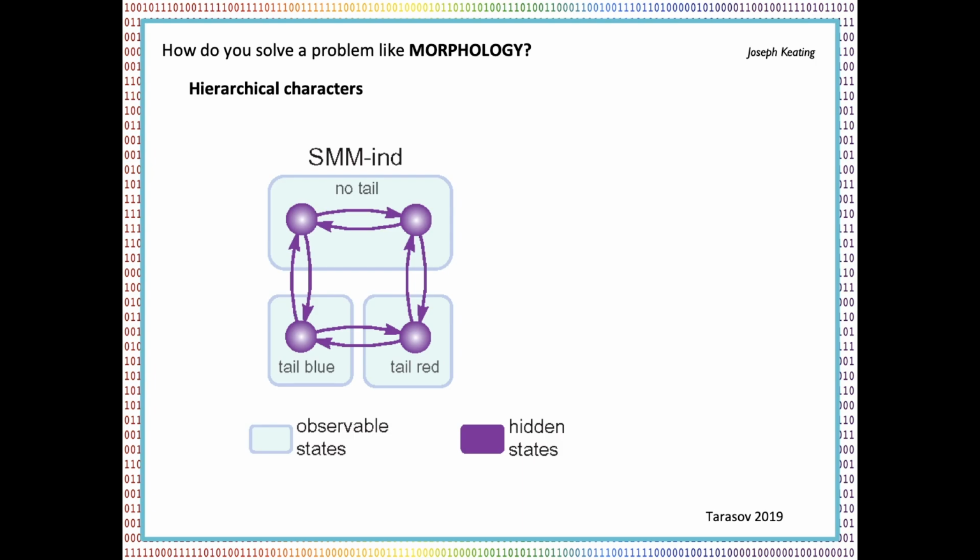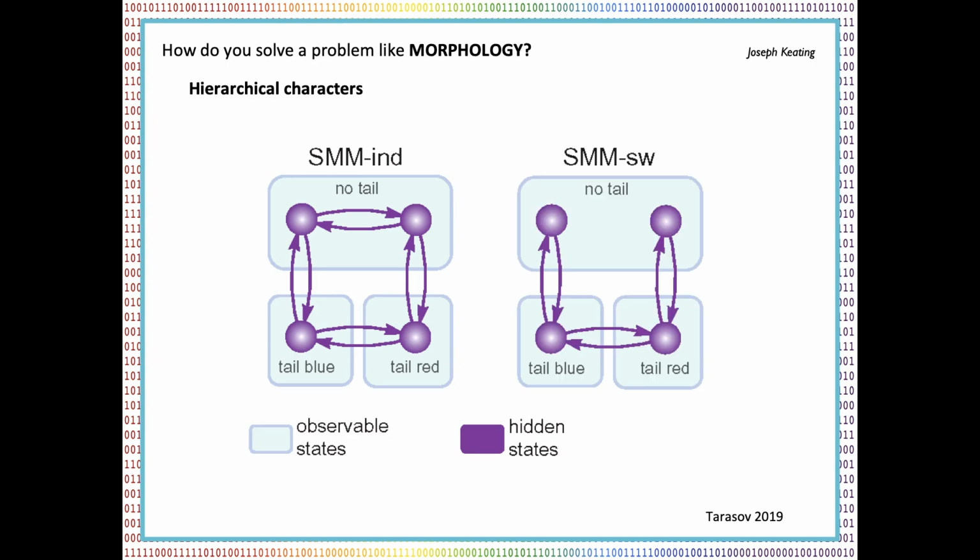For the tail problem, we can amalgamate the two discrete characters into a single structured Markov model with two possible solutions. The first allows tail colour to evolve independently of tail presence, while the second requires that tail colour evolves via a switch-on dependency. Put simply, tail colour cannot evolve if a tail is absent.